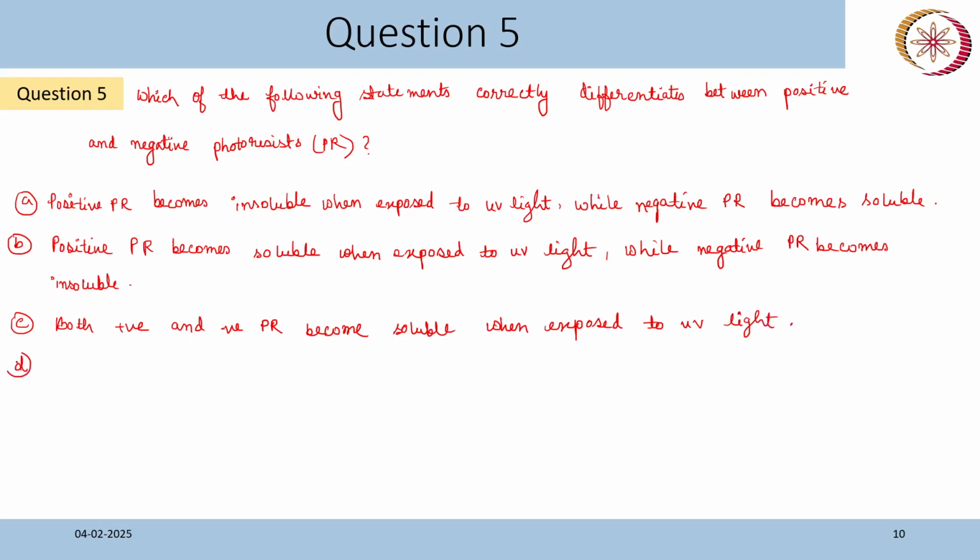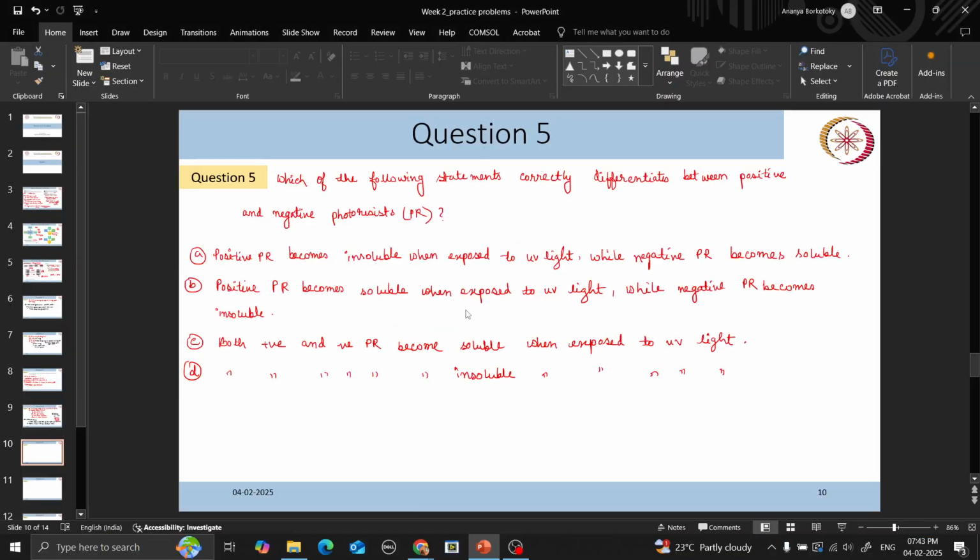And the last option is similar: both positive and negative photoresist become insoluble when exposed to UV light. I will wait for a couple of minutes, you can write down the answer.